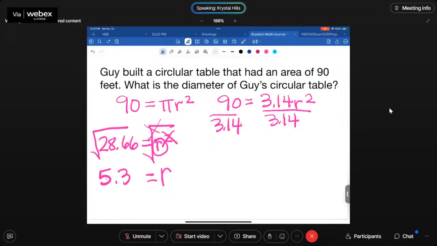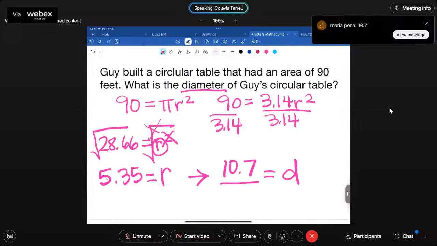5.35. 5.35 is my radius, and the question is asking for diameter. So if 5.35 is my radius, what is my diameter? 10.7. 10.7 is my diameter. Wow. How do we get 5.35?